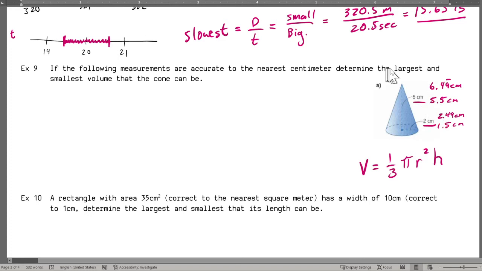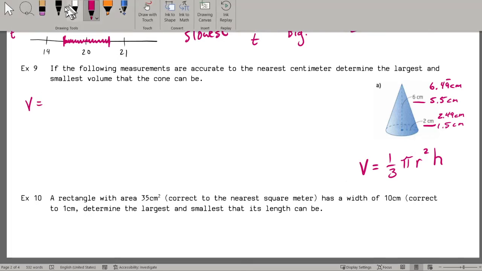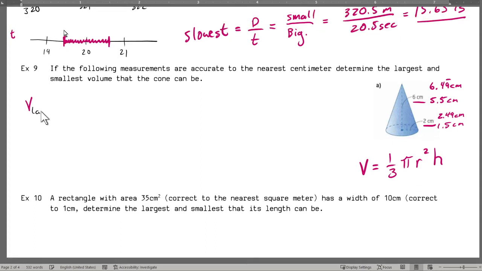So now the question is, what's the largest that the cone could be? So for volume, I want a large radius and a large height to give me a large volume. It's going to give me a large volume, so 1/3 pi r.